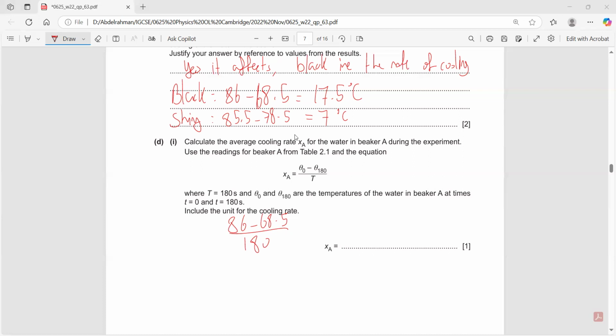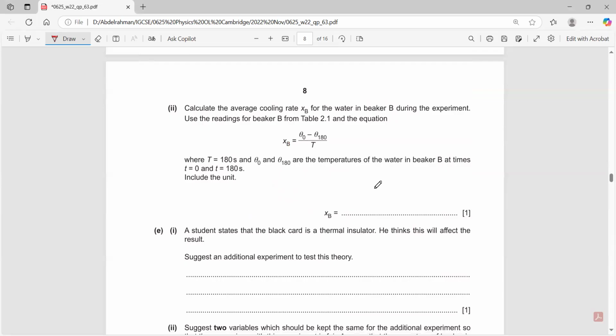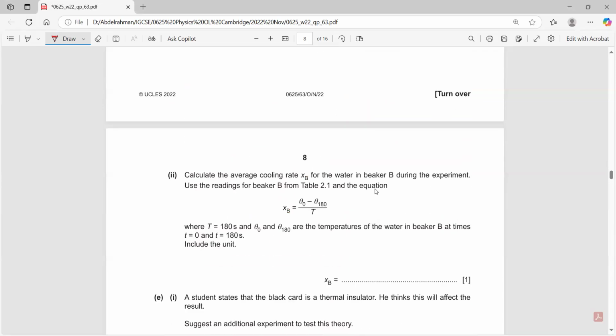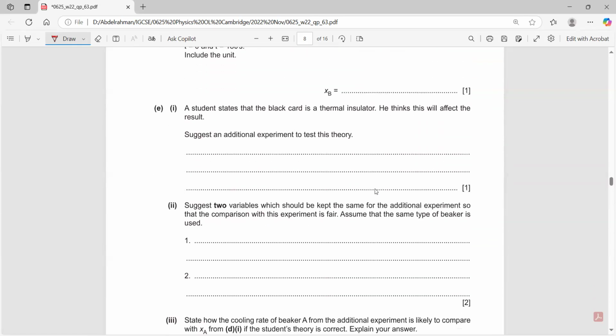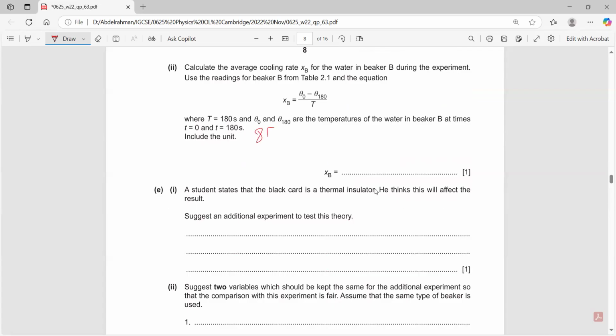This is the first rate of cooling. Do not forget the unit: degrees Celsius per second. Can I do the same for beaker B? Yes, it was 85.5 minus 78.5 divided by 180, which is 0.039 degrees Celsius per second.